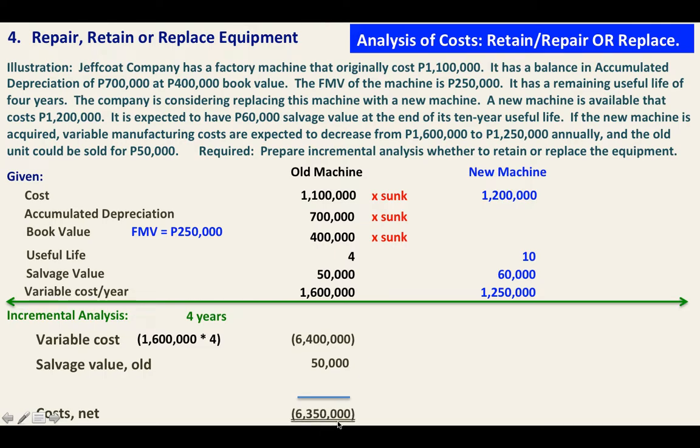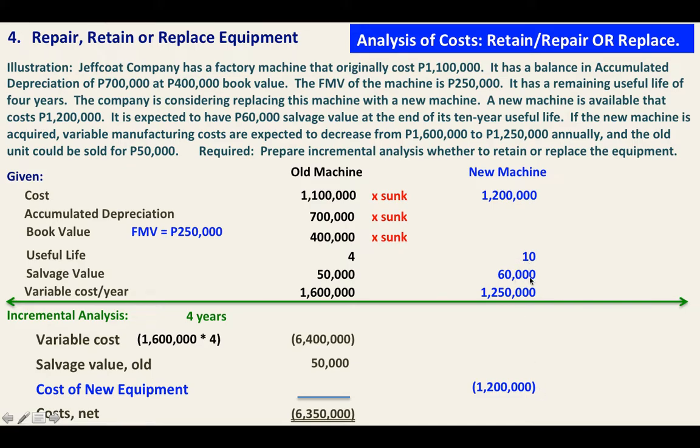6,350,000. Okay. Now for the new machine, the information that we have here is the cost of the new machine. If we are not going to use the old machine, we will buy the new machine. It will cost us 1,200,000. So the cost of the new machine is 1,200,000.